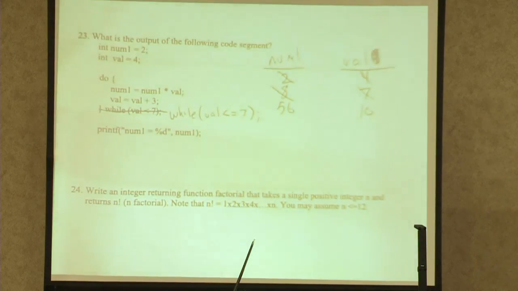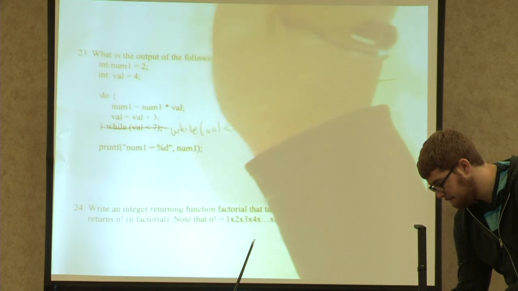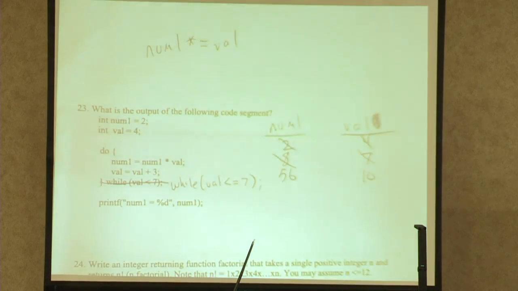I have a quick question. Uh-huh. When you have something like an equal asterisk, what is it that the operator does? Which one? num1, when you have it like this, like that, or the other way around.